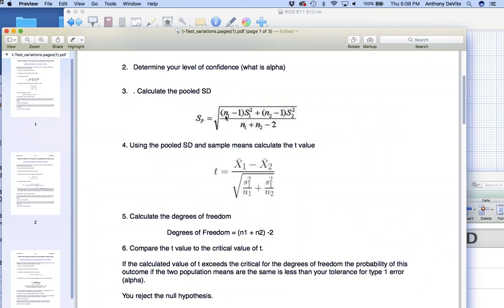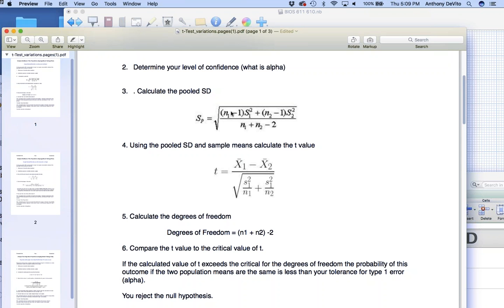It's going to be equal to N1 minus 1, that's 77 minus 1, so you put 76 in there, times the standard deviation squared for group 1. That's 0.026 times 0.026, right? Plus N2, which was 161, minus 1 makes it 160, times standard deviation 2 squared, which is 0.025 times 0.025.